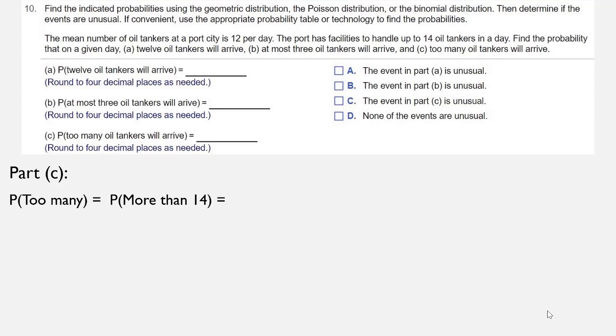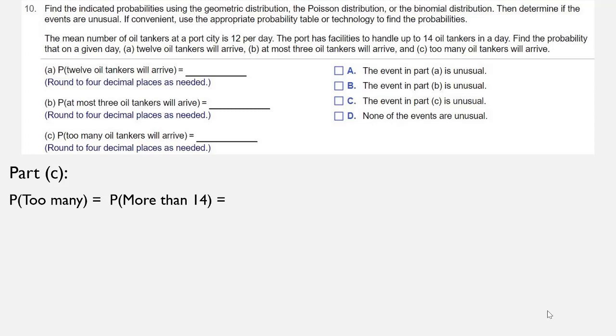So more than 14 would be too many. The Poisson Cdf function that's built into our calculators always starts at 0 and adds up to a point that we tell it to stop at. We actually want to start at 15 here and add every value going up from there. So 15, 16, 17, up till forever.